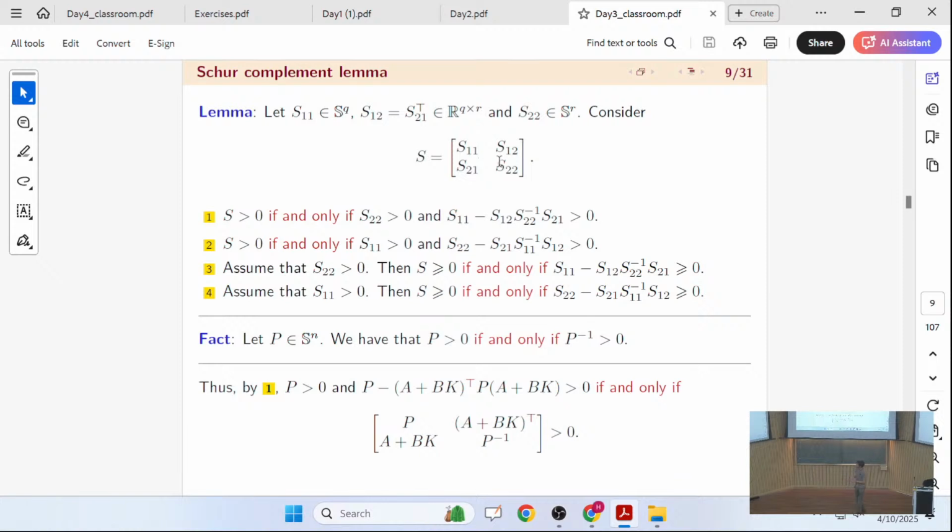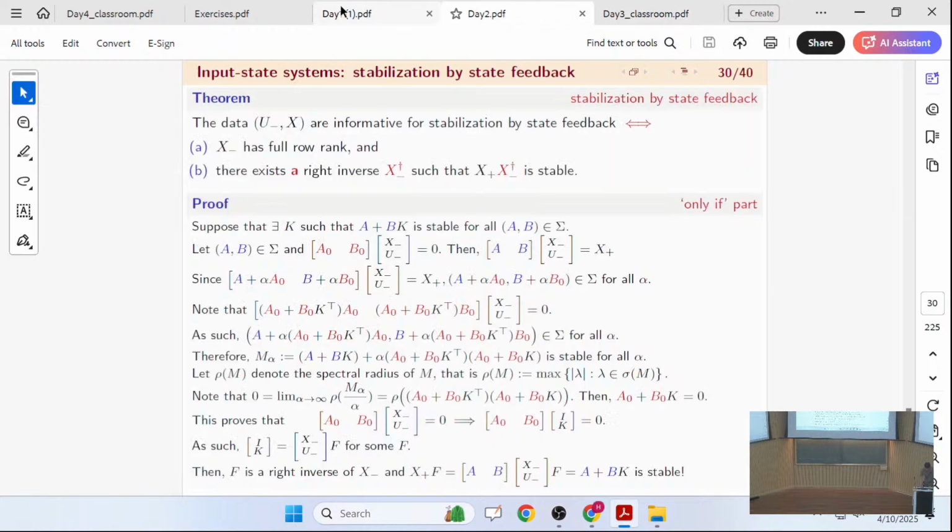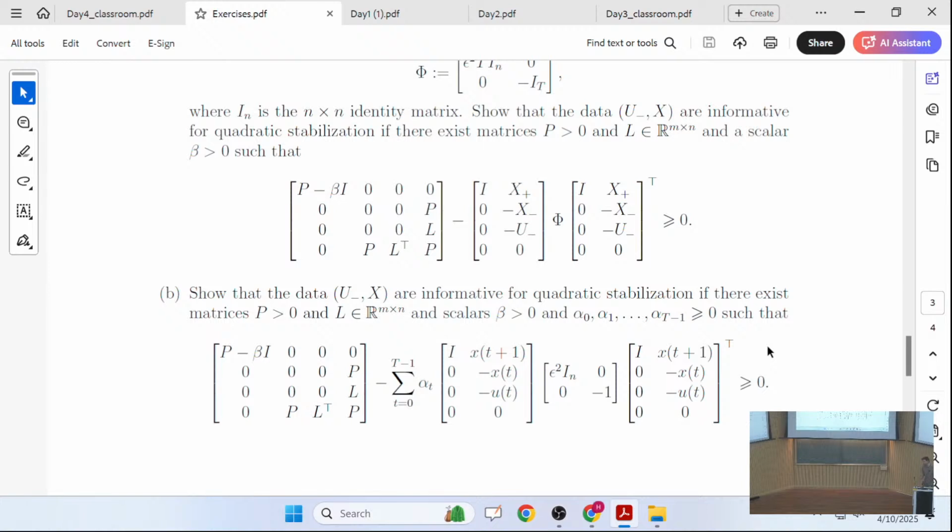In practice, if you do not have a good idea about that, you could try to be maximally robust against your noise. So what you could do is solve this linear matrix inequality while maximizing over epsilon. But of course, if you don't know that your noise satisfies that bound with epsilon, you can never guarantee that your controller is going to work for the true system. So for theoretical guarantees, you need a bound on W.